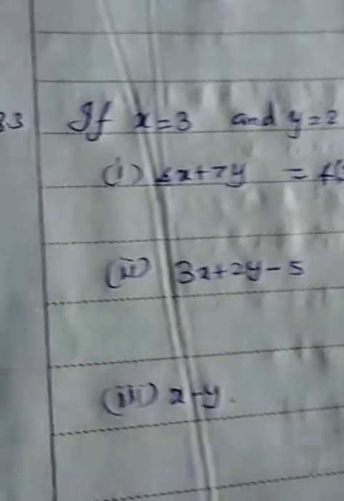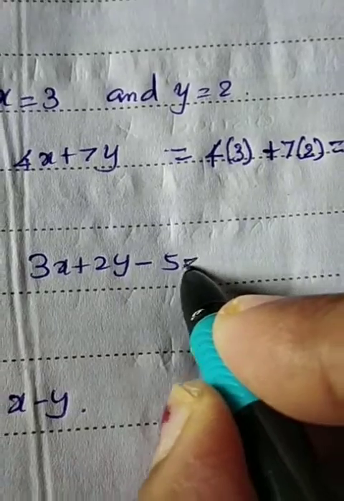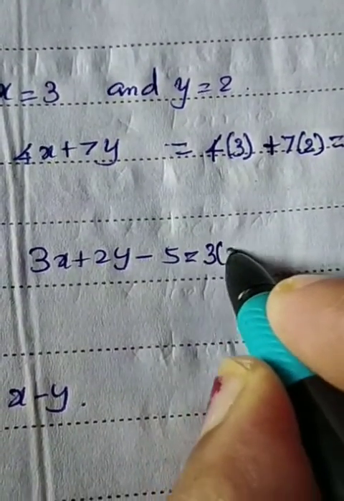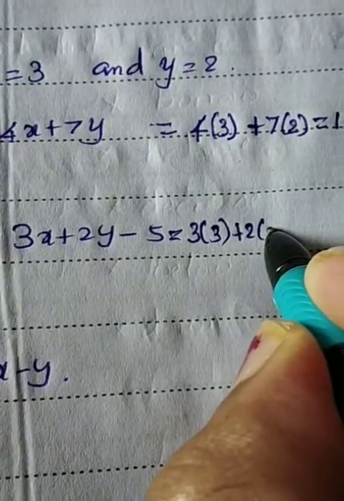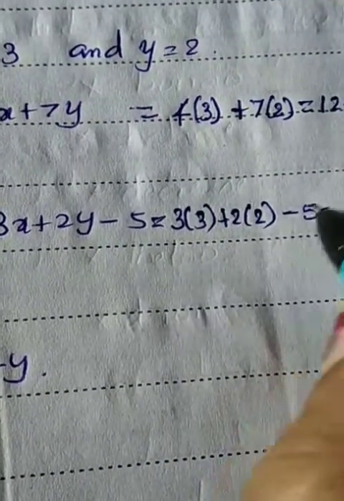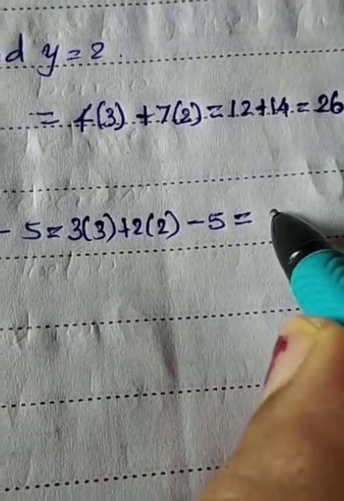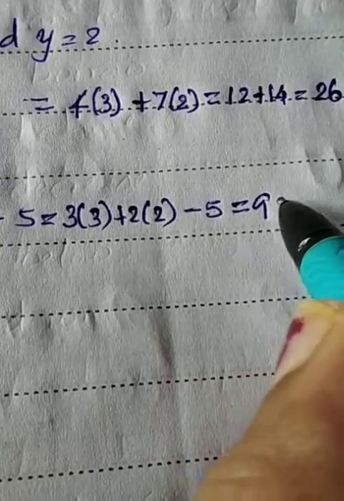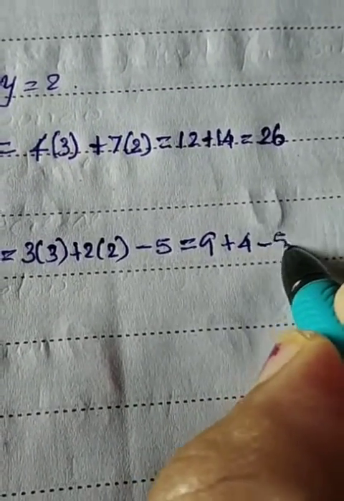Okay, next we have 3x plus 2y minus 5. 3 into 3 plus 2 into 2 minus 5. BIDMAS method, no? First addition, then only you will subtract. 3 threes are 9 plus 2 twos are 4 minus 5.